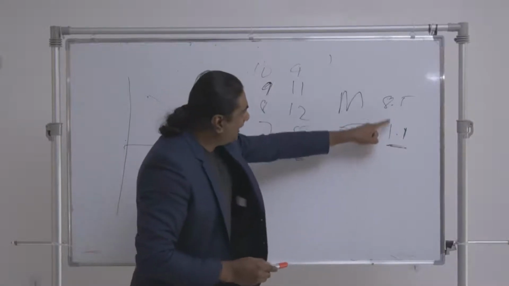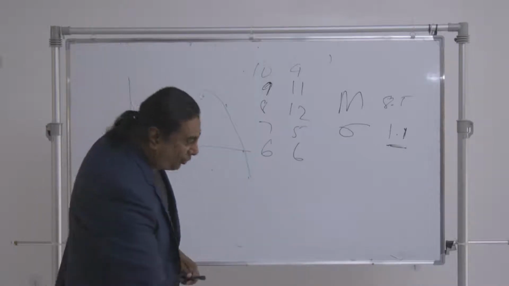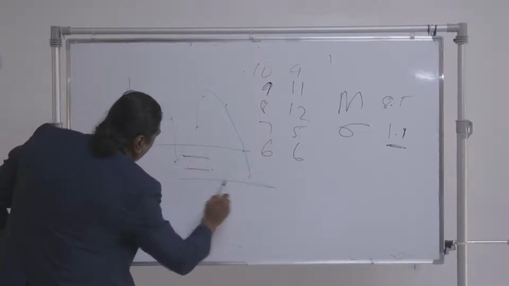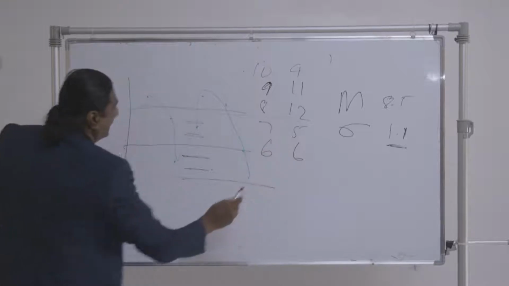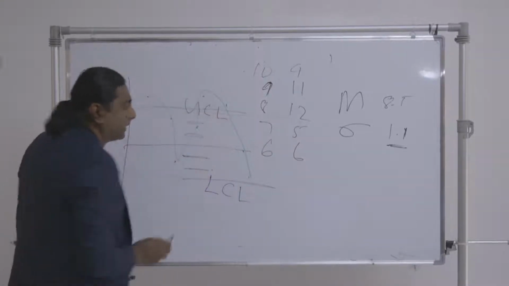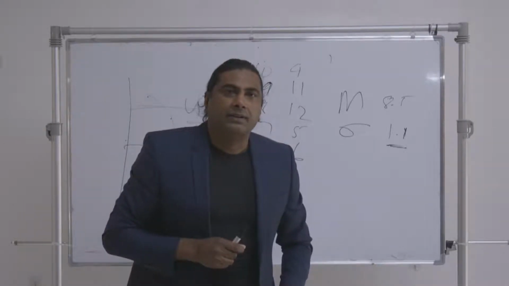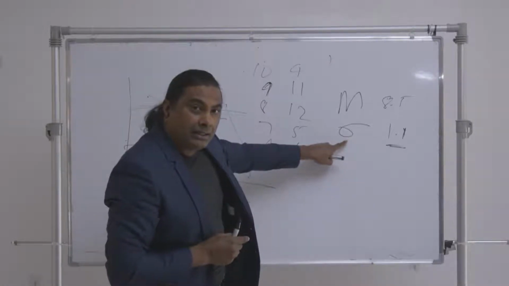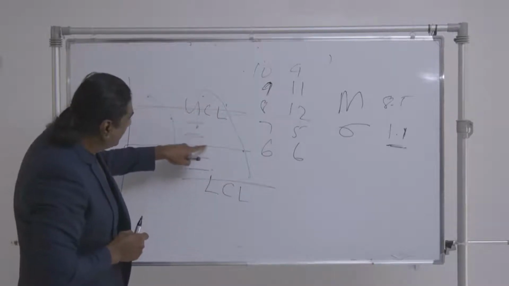But I'm using this mean and I'm using the standard deviation of 1.1 to determine what we call upper and lower control limits. This is the lower control limit. This is the upper control limit. The middle line is the mean.